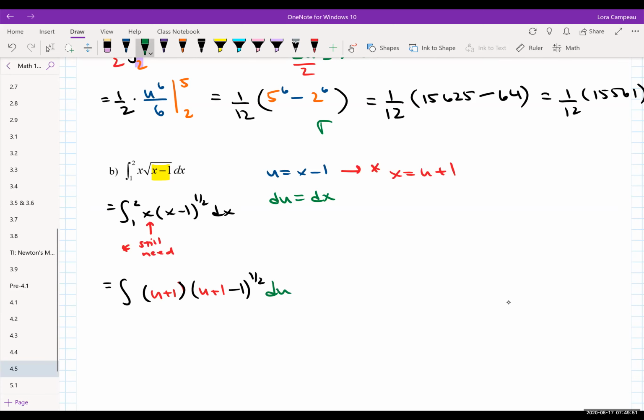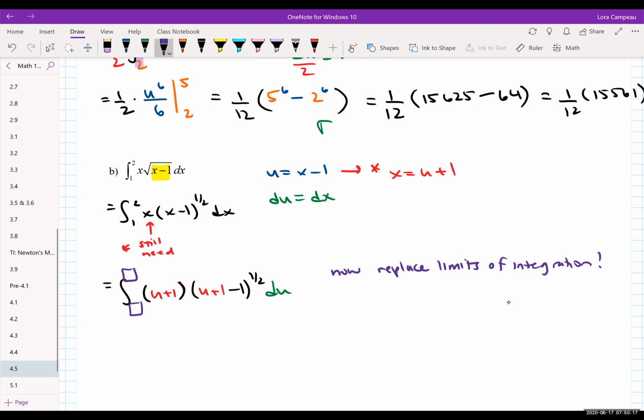We had this. You want to clean it up a little bit, but now that you replaced everything in terms of u, now we need to replace the limits. Either now or later, but might as well do it now before we forget. Once everything's in terms of u, your limits of integration have to be in terms of u.